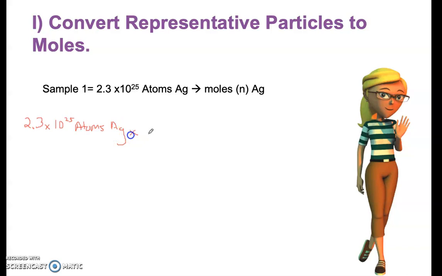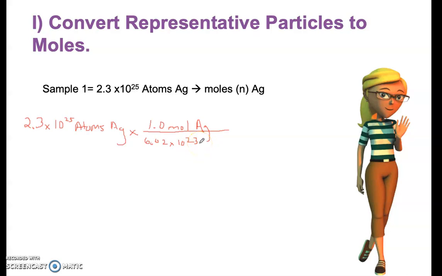And we want to use our conversion factor, which is going to be 1.0 mole Ag over Avogadro's number, 6.02 times 10 to the 23rd particles.